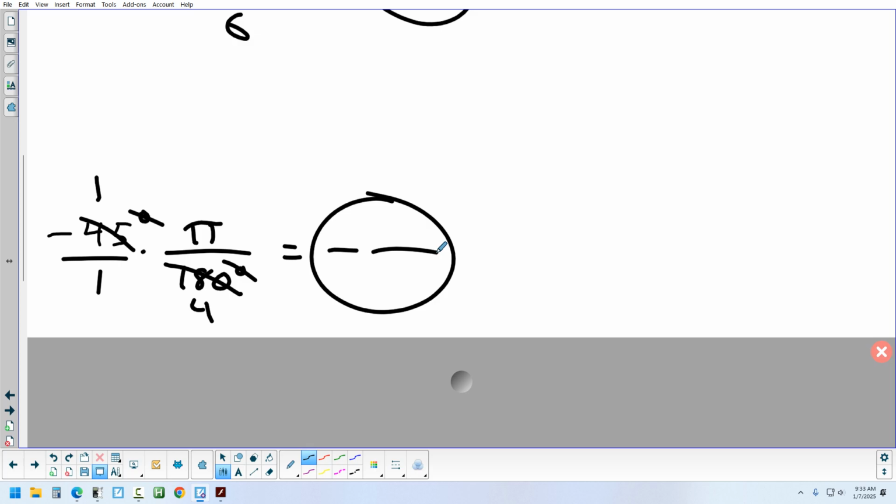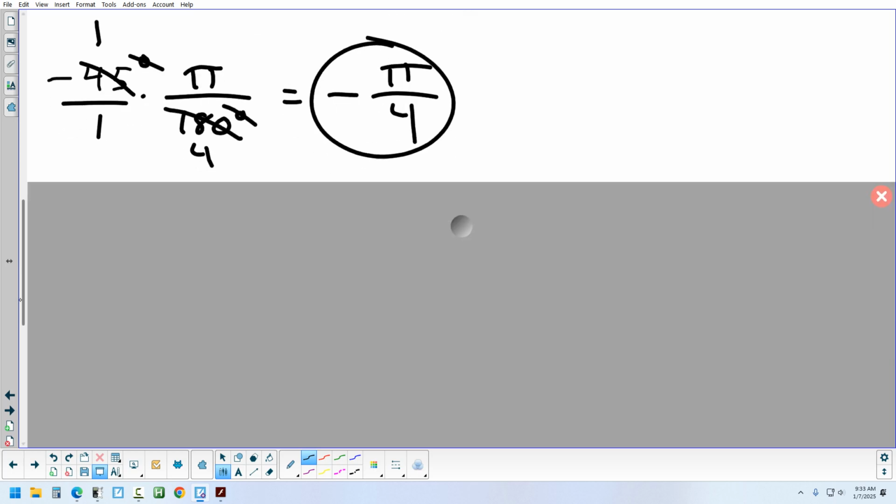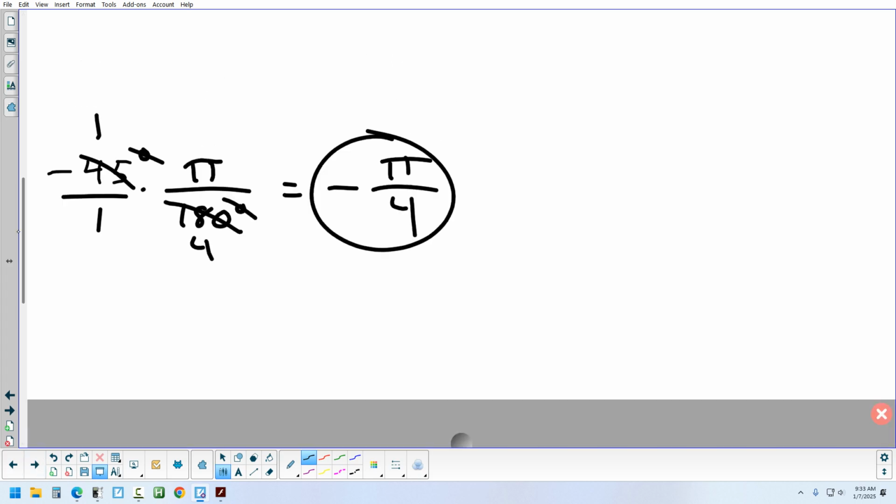Not 45 pi divided by 4. Yep. Negative pi over 4. So don't forget the negative. Okay, negative pi divided by 4. Any question on that one?